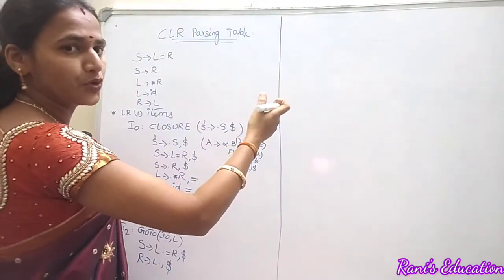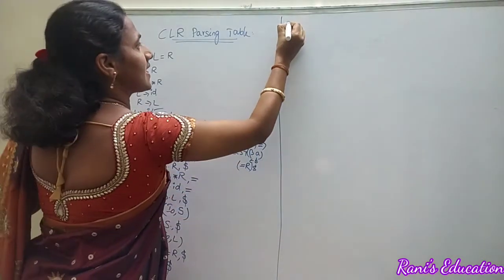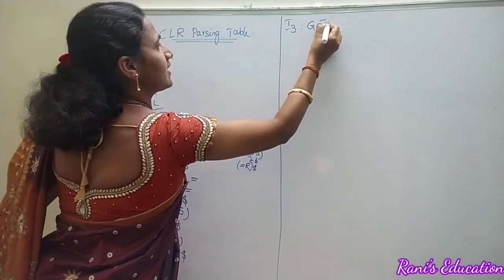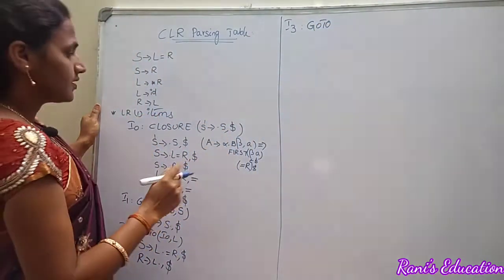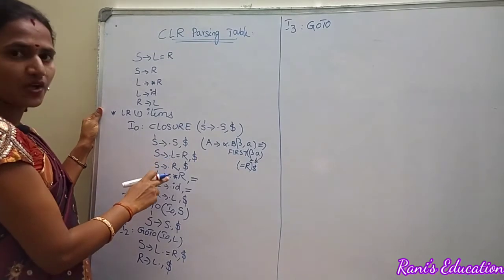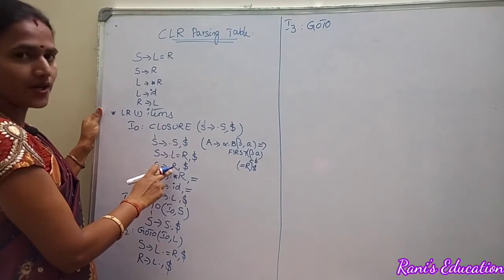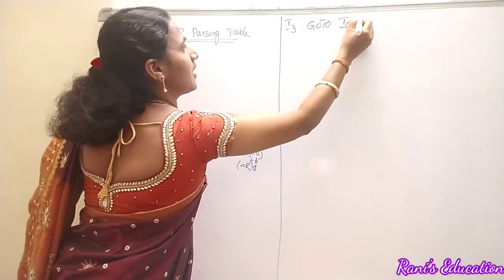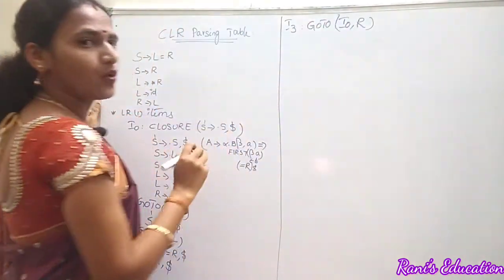How are we going to compute that? The next item is I3. Here also we are going to take the goto function. What is the next grammar symbol which starts the RHS of a production in I0 items? R is the one. So you are going to consider goto of I0 comma R. Now what is the production?